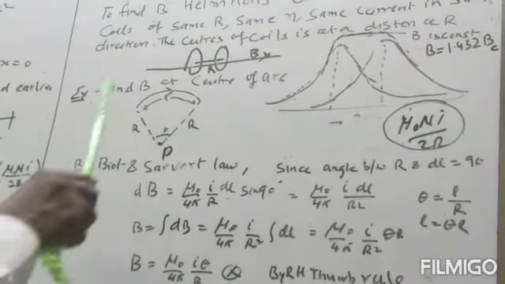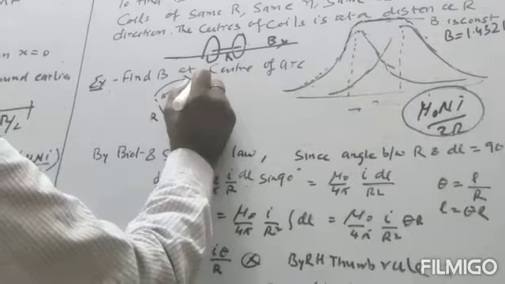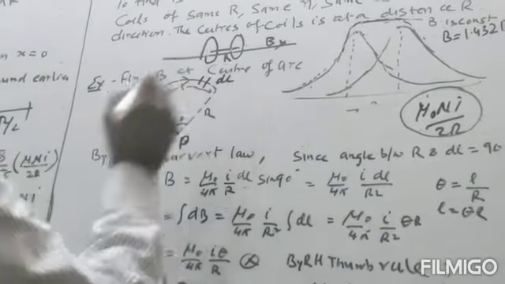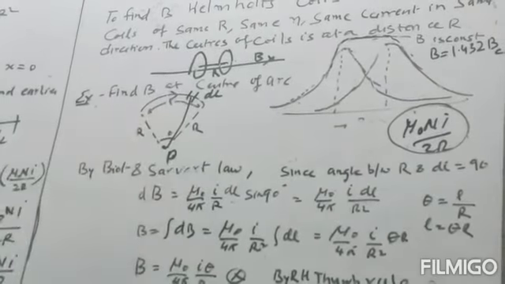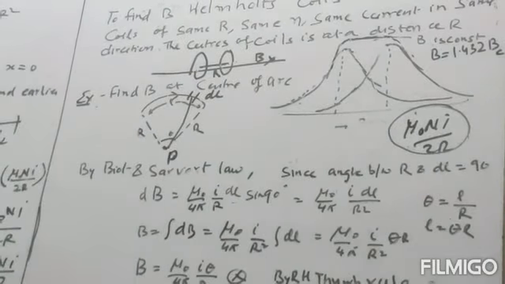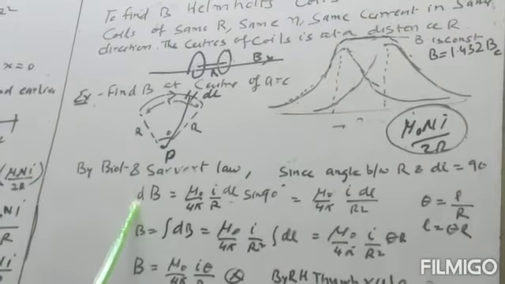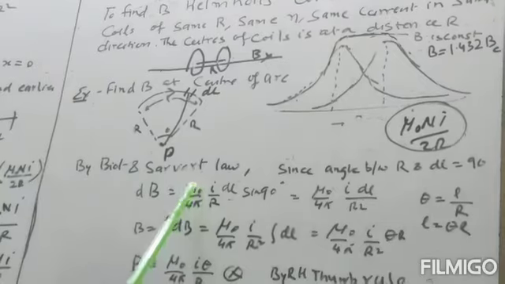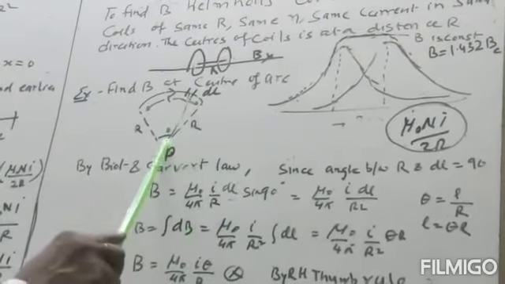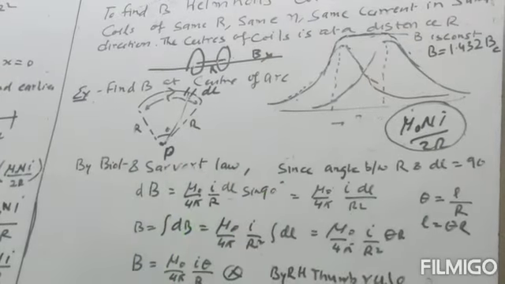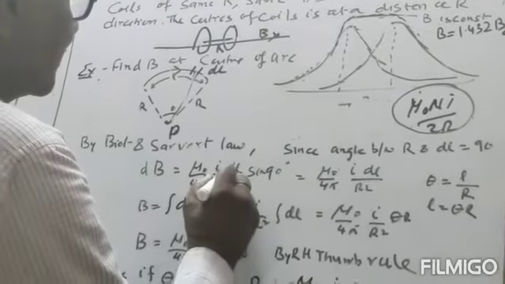If we take a small dl here, then dl is perpendicular to the radius, so theta is equal to 90. So the magnetic field due to this small dl will be dB equal to mu 0 by 4 pi, I dl sin 90, because the angle between dl and r is 90, divided by r squared.